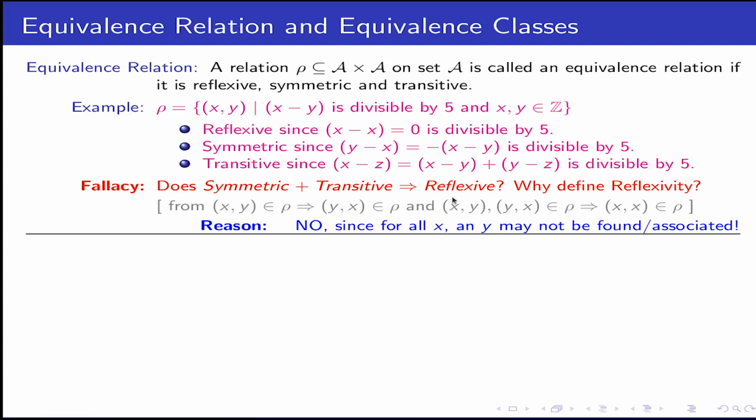If I eliminate the reflexive nature and take it from symmetry and transitivity, I need to have another element associated with x. That may not be possible. So something can be reflexive without any need of any other element; every element is related to itself. Therefore it does not automatically guarantee that symmetric and transitive will imply the reflexive definition.